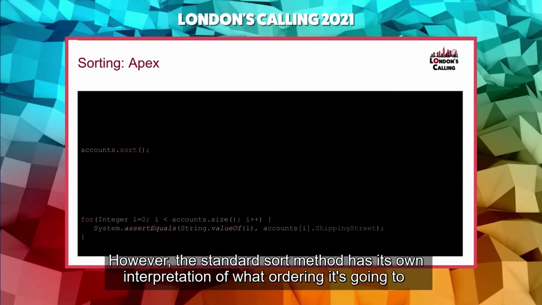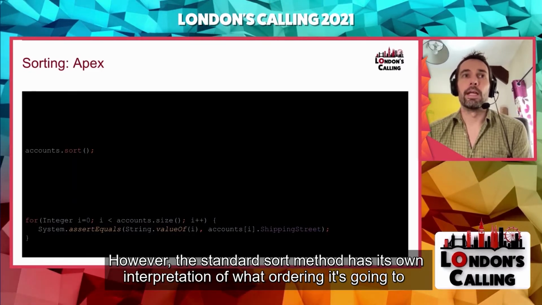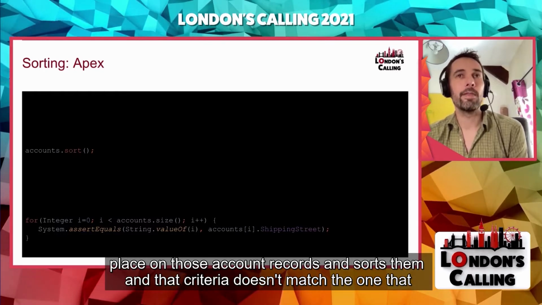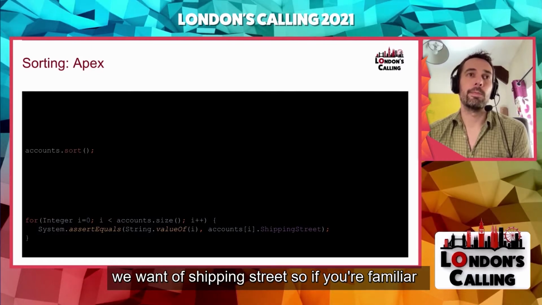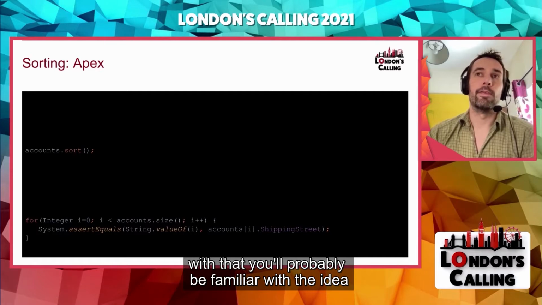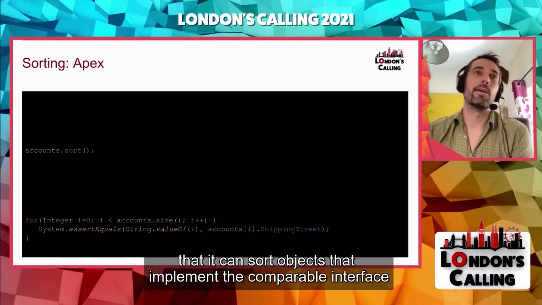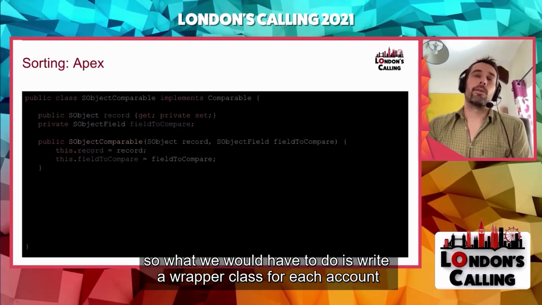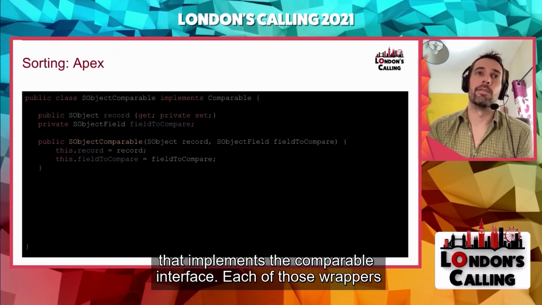However, the standard sort method has its own interpretation of what ordering it's going to place on those account records as it sorts them, and that criteria doesn't match the one that we want of shipping street. If you're familiar with that, you'll probably be familiar with the idea that it can sort objects that implement the Comparable interface. So what we would have to do is write a wrapper class for each account that implements the Comparable interface.